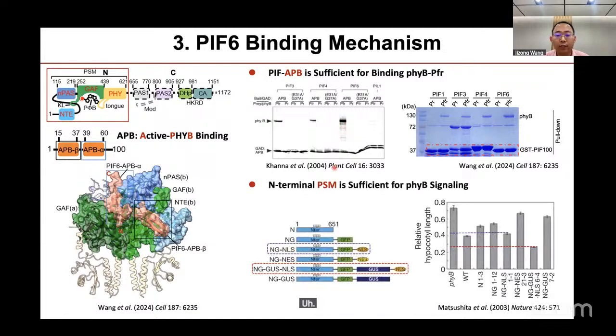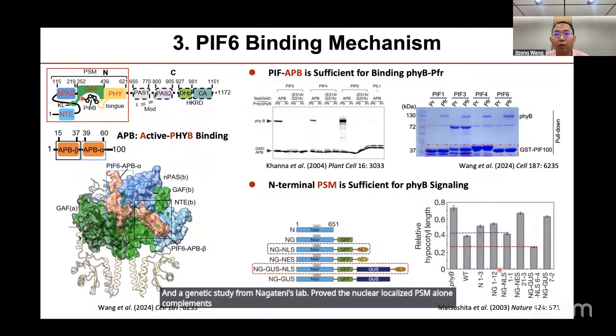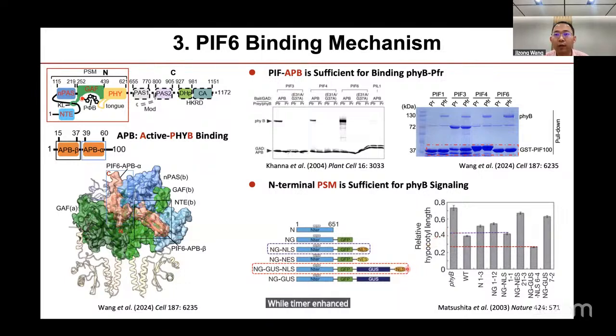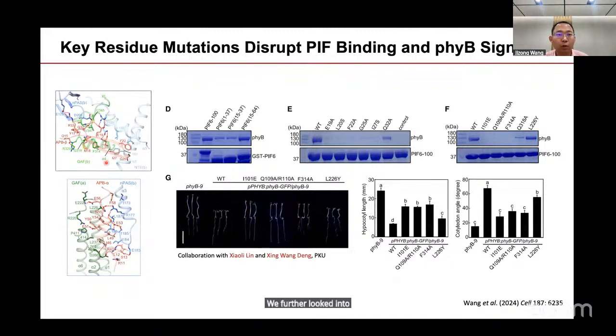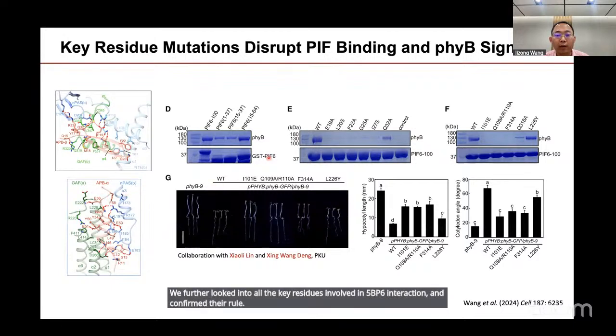And a genetic study from Nagatani's lab proved that nuclear localized PSM alone complements phyB loss of function as shown by the purple dashed line, while dimer enhanced PSM with GAS mimics phyB overexpression as shown by the red dashed line. We further looked into all the key residues involved in phyB PIF6 interaction and confirmed their roles by biochemical and genetic data.